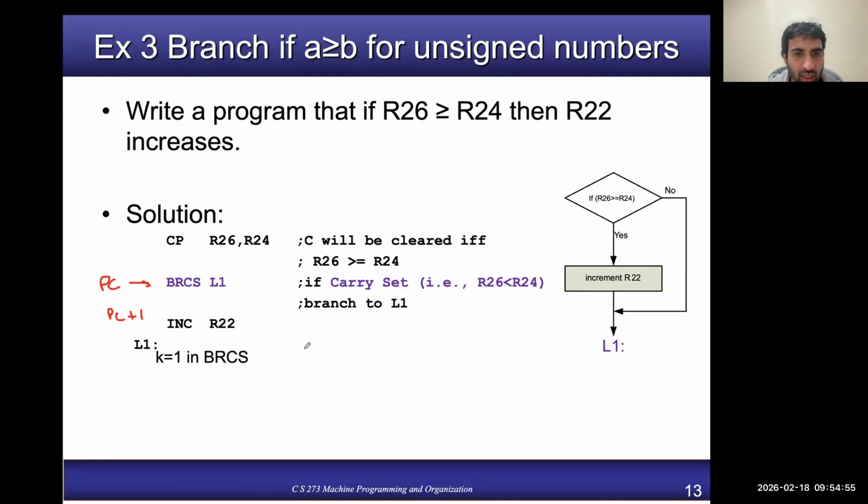Remember, if the branch is taken, the value of PC is set equal to PC plus 1 plus K. So if this is PC and this is PC plus 1, the next one in sequence will be PC plus 2. So it means that the value of K needs to be 1, right? Clear?